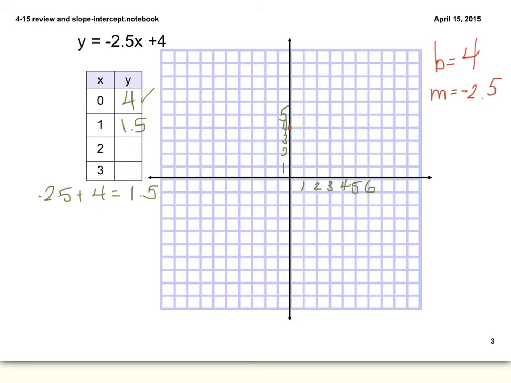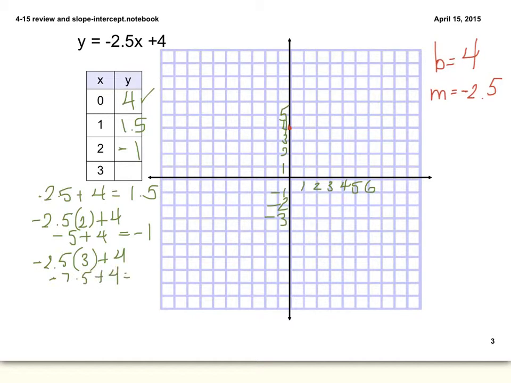And my next one is negative 2.5 times 2 plus 4 gives me negative 5 plus 4 equals negative 1, which means I'm going to have to make room on my graph for this. And the next one, which will be 3, negative 2.5 times 3 plus 4 gives me negative 7.5 plus 4.